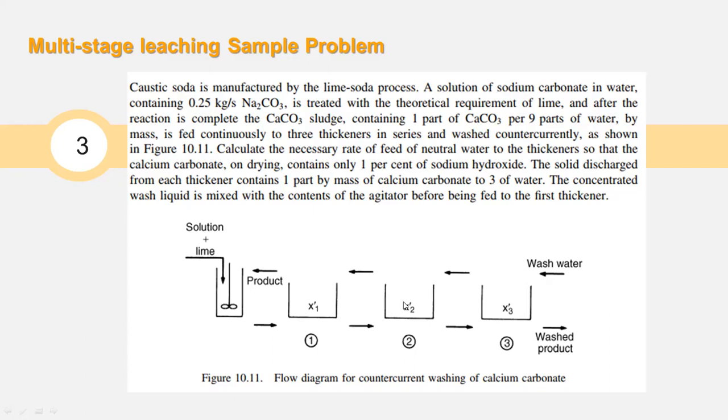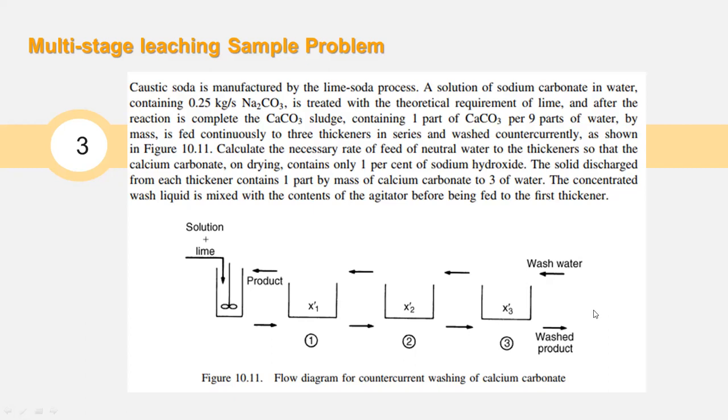Now, we ended last meeting with the computation of the x sub 3 prime based on the fact that after this wash product leaves your third thickener, it is introduced into a dryer. And after drying, it was mentioned that your calcium carbonate is left with 1% sodium hydroxide.